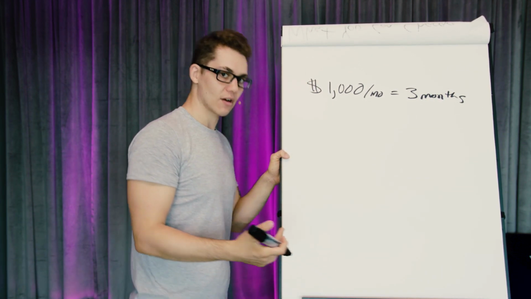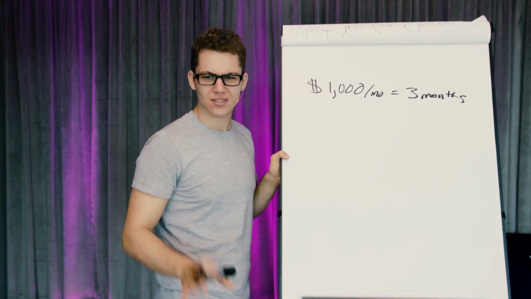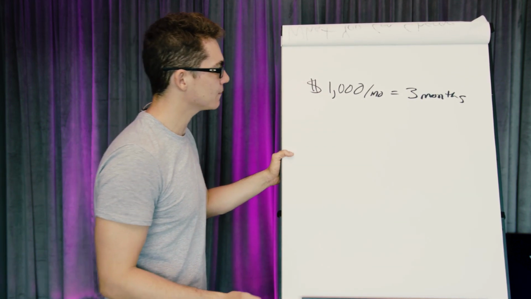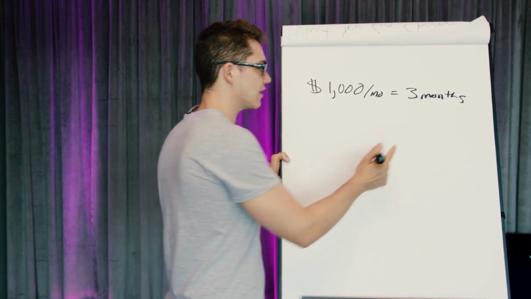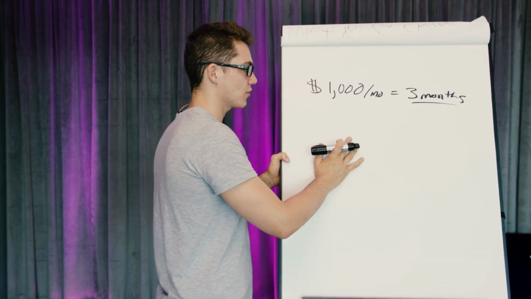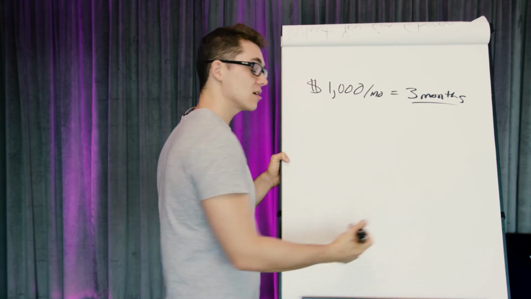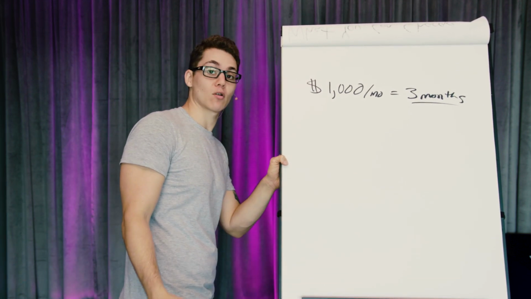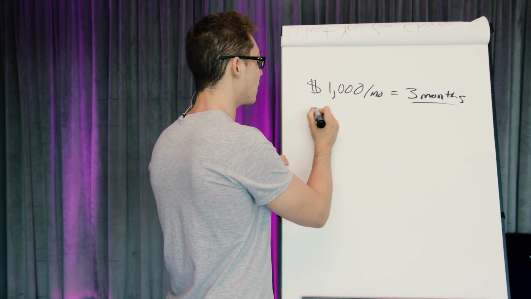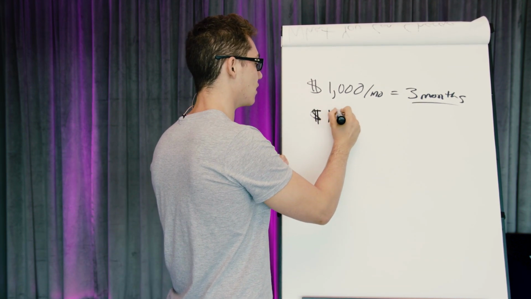After 3 months, if they're happy, and you can make that 1 month, it's totally up to you, then we'll talk about renegotiating. So let's say we're on the 3rd month, and I say, hey, as I told you, I want to renegotiate. If you've been getting them a great ROI, you can bump that up to $1,500.